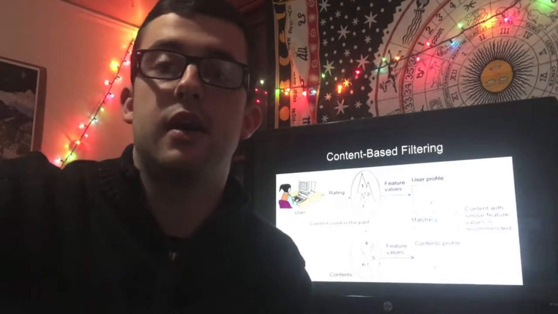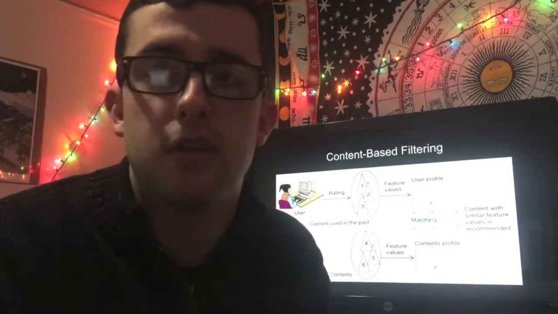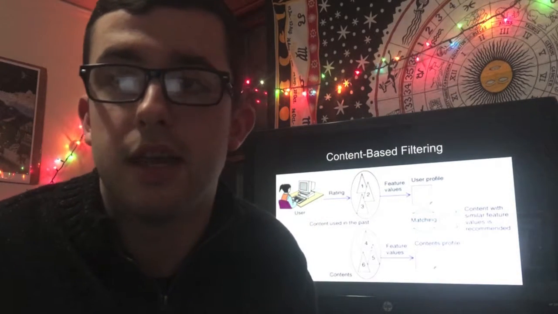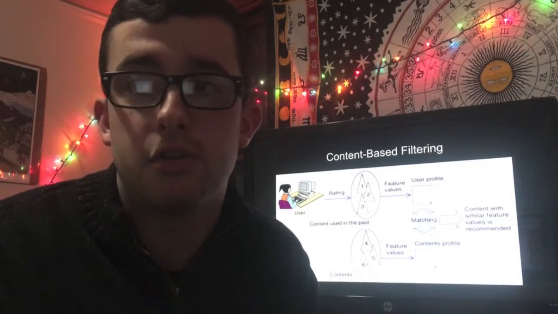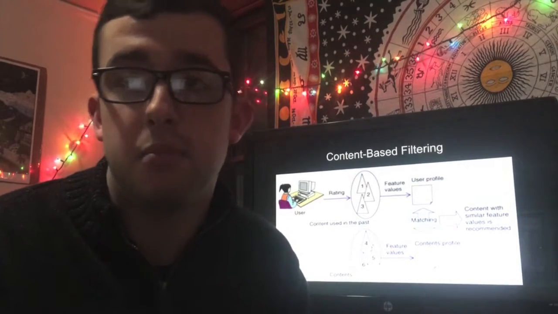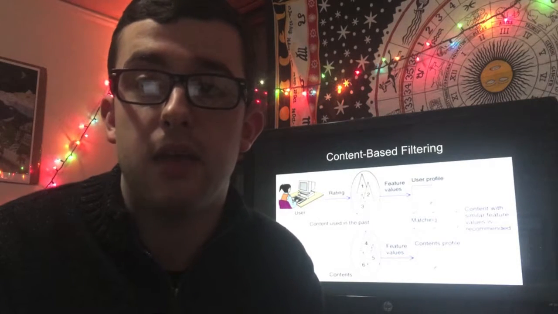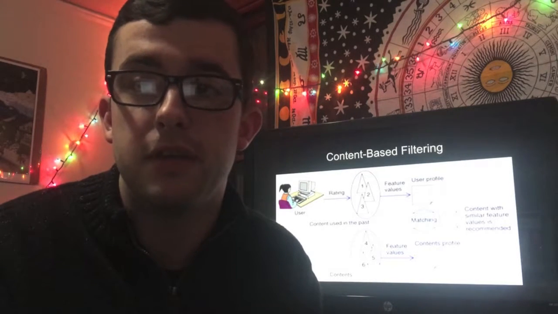This has its roots in information retrieval and information filtering, because the methods used to characterize the items in the system create, as I said before, a content-based profile of users based on a weighted vector of items and features.